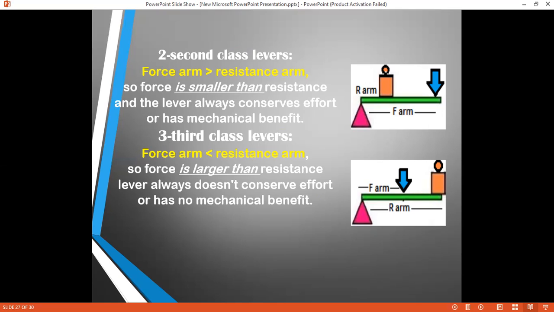Got it? As you can see from the picture, the force arm is so short. Here is the force arm, here is the resistance arm. Look how long it is. So force is more than resistance, so it doesn't conserve any effort.